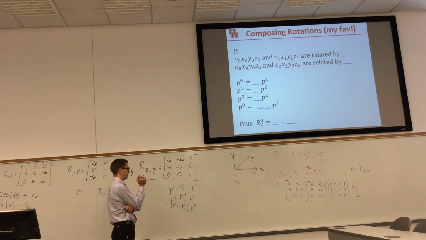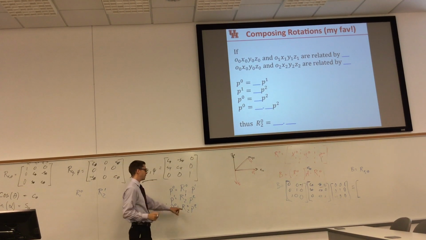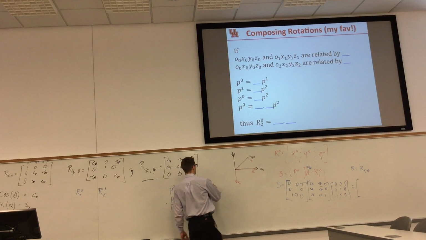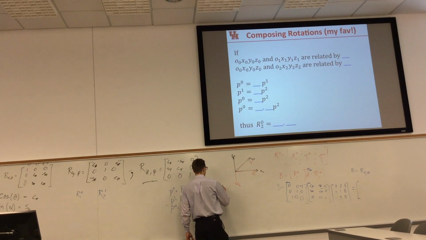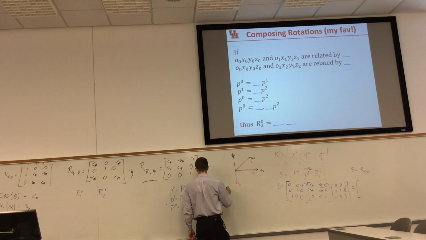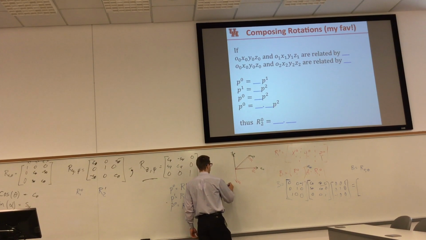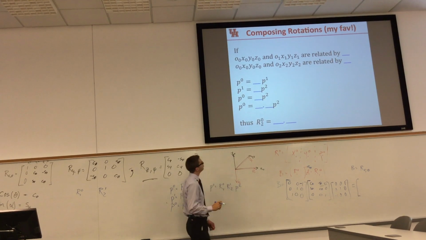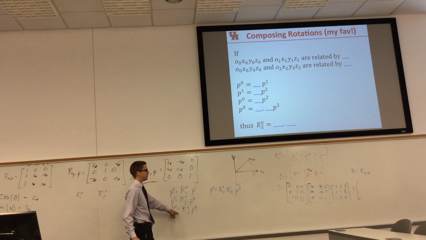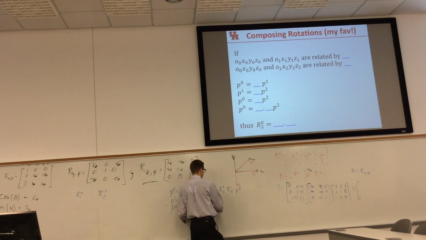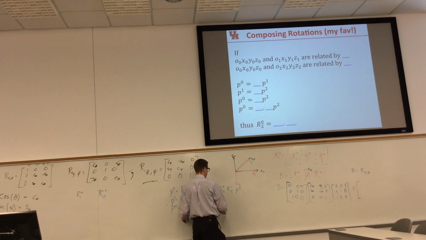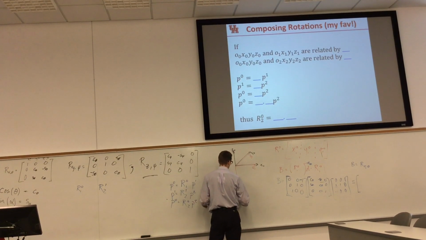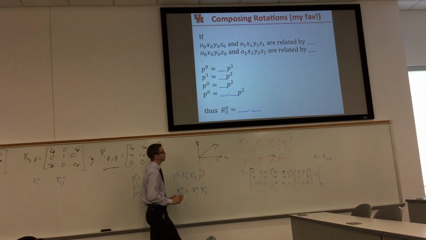Well, what I can do then is I know that this total transformation is a composition of rotations. This is that P0 is equal to R10 times R12 times P2. And so that means that this R02, frame 2 in frame 0, is equal to R1 in frame 0 dotted with R2 in frame 1.